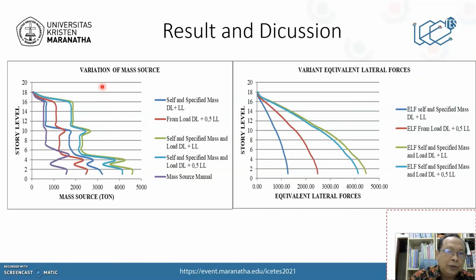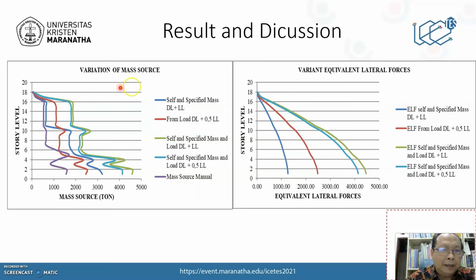This figure shows the variation of mass. The mass manual value is the lowest, and then the self and specified mass, dead load and live load, is higher than the mass manual, and from loads, dead load plus 0.5 live load, is higher than the mass manual.